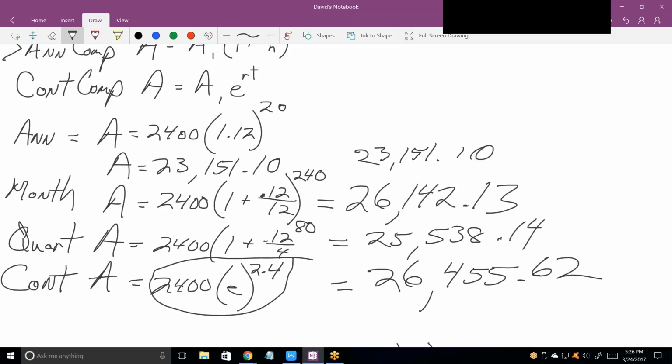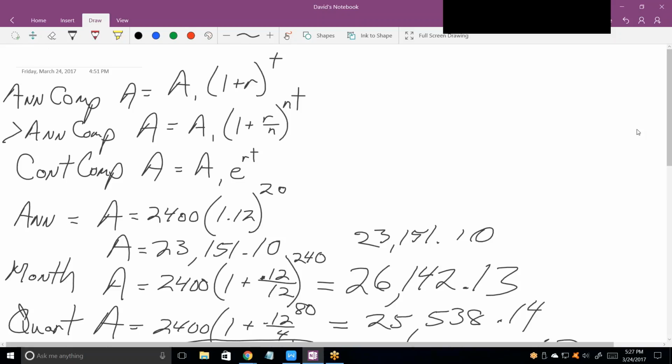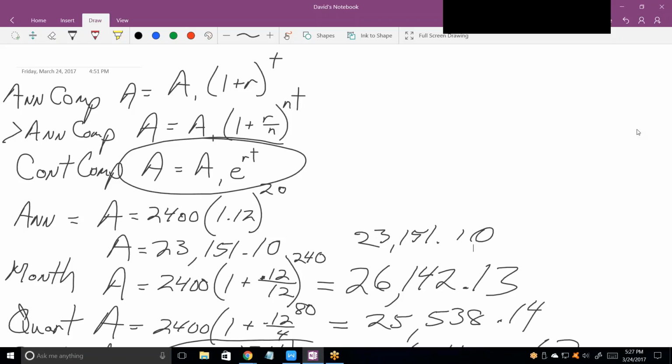So the only time you're ever going to encounter the annual, monthly, and quarterly is when you're talking about bank accounts, and sometimes maybe depreciation of cars, which isn't actually annual, it's continuous, but they like to treat it as annual sometimes. So the human creations are what create the first two formulas. The formula, if you want to remember a formula for real life, it's this one right here. Everything is continuous.